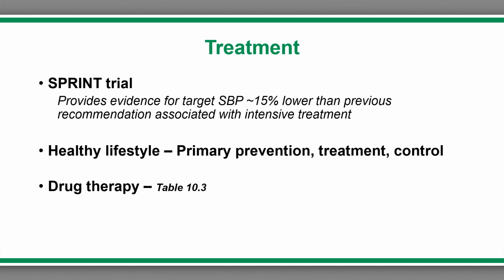The SPRINT, which is Systolic Blood Pressure Intervention Trial, they found a tremendous decline in death and mortality by having a decrease to about 122 millimeters of mercury after 3 years. And so it gives us an idea of how we should move forward.